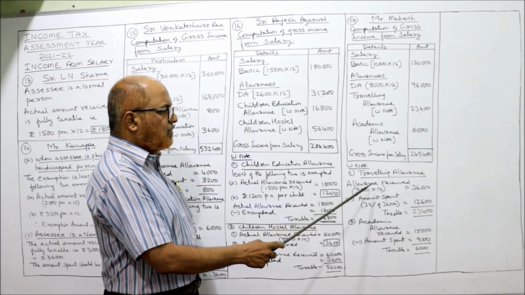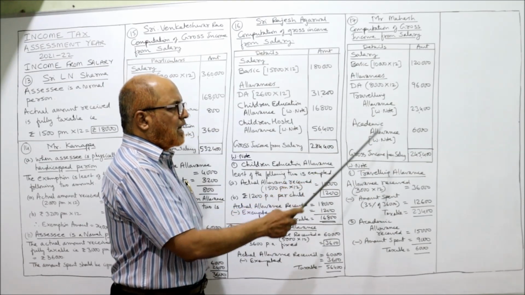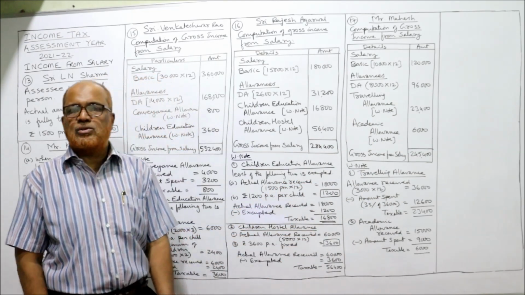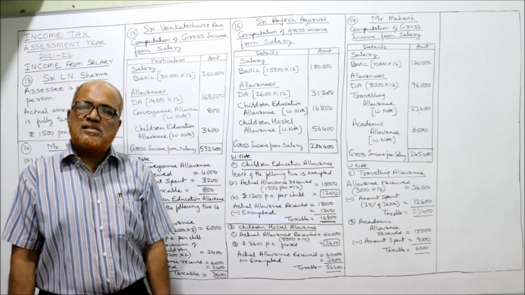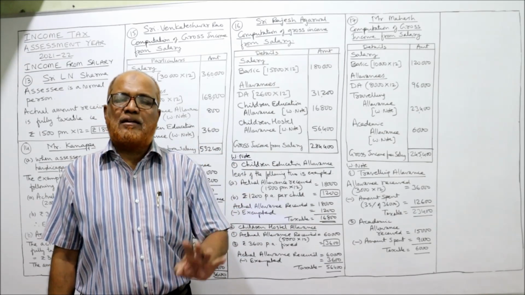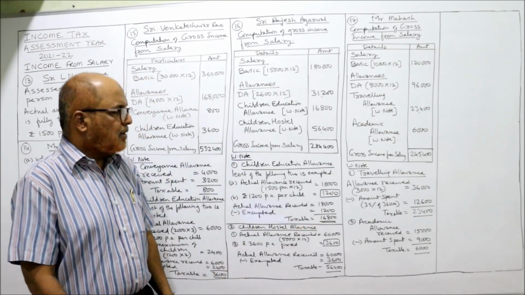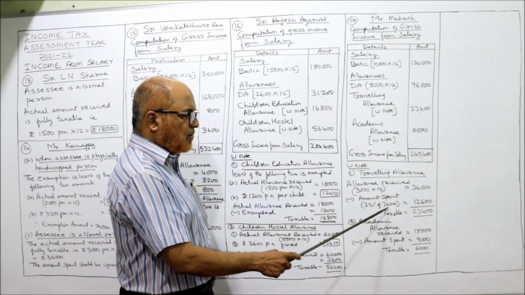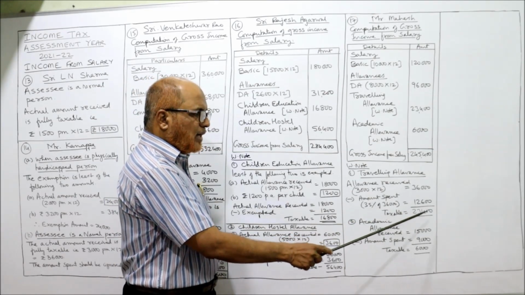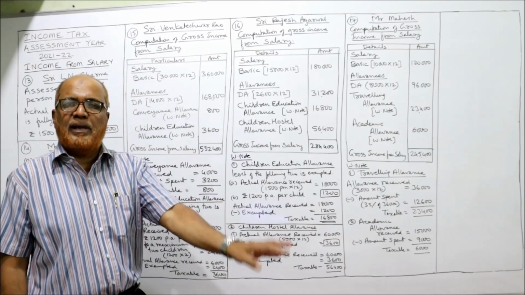Traveling allowance received is 3,000 per month into 12, 36,000. Out of 36,000, it is given in the problem that 35% is spent. That will be deducted. The amount spent, 35% of 36,000, is 12,600. The unspent amount is 23,400, that is taxable.